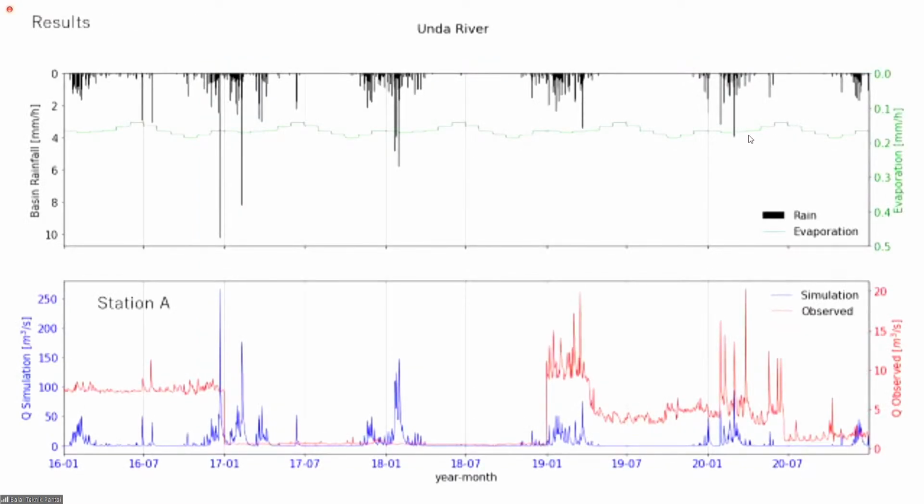And we found the big problem was the validation, because a hydrology model requires validation of the soil and other parameters. The bottom line indicates river flowing, the blue line indicates simulation, and the red line indicates observed gauge data at Unda River.